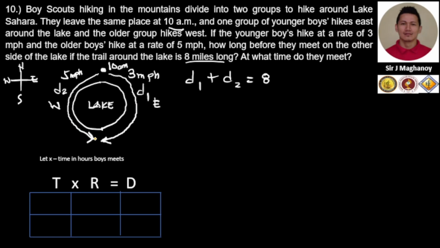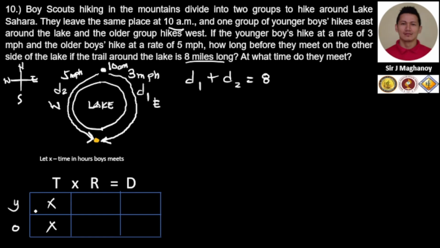When they meet at that point, the time traveled by the older boys and the younger boys is equal, because they already meet. So let's write our equation. We have the younger Boy Scouts and the older Boy Scouts. Since they have equal time, this is x.